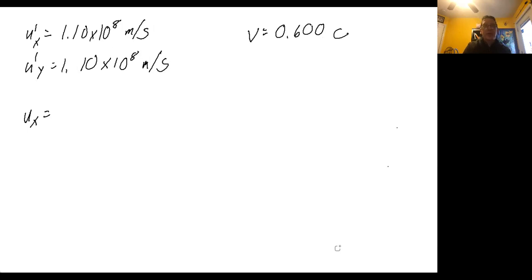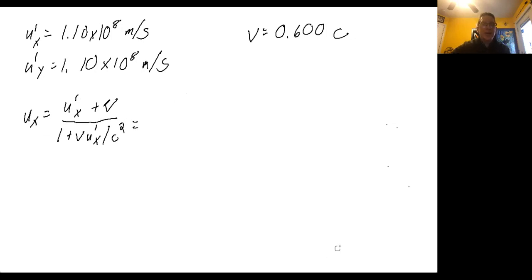And so ux is equal to u primed x plus v, and you're dividing that by 1 plus v u primed x divided by c squared.